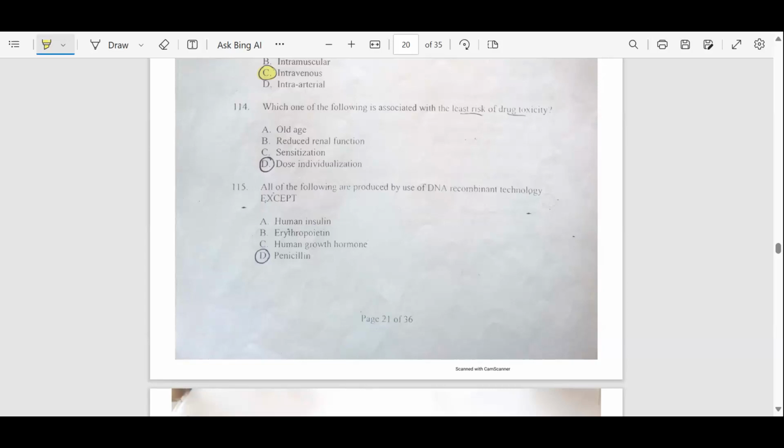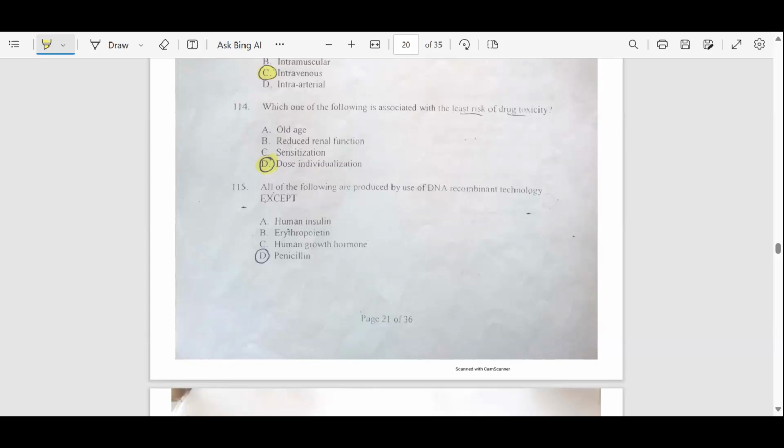Old age increases drug toxicity, especially because the liver and kidneys are having issues, so it's harder to eliminate the drug, it is present for longer, and there's a risk of toxicity. Reduced renal function means reduced elimination, so increased amounts. And sensitization: if cells are extremely sensitized to the drugs, they can have a negative effect. But maybe someone can shed more light.